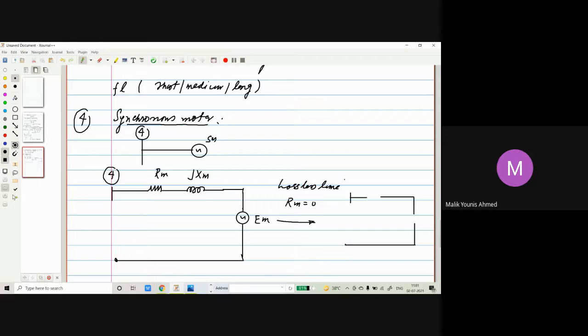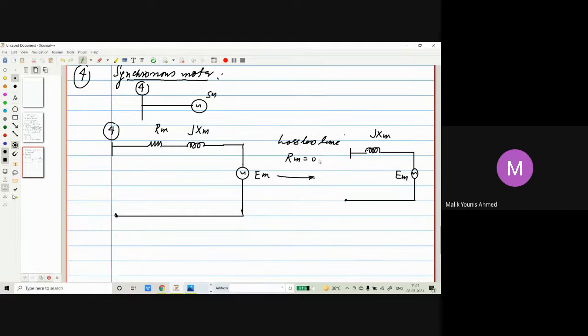So it is here, and this is your small excitation. I'm drawing it. This will be reactance only. So we call this reactance JXM, and the same motor excitation EMF EM.